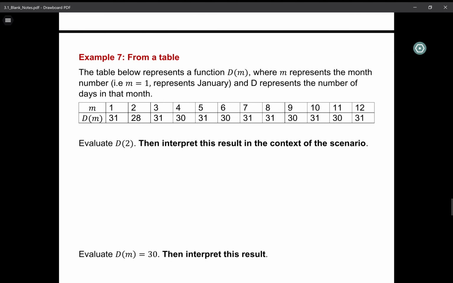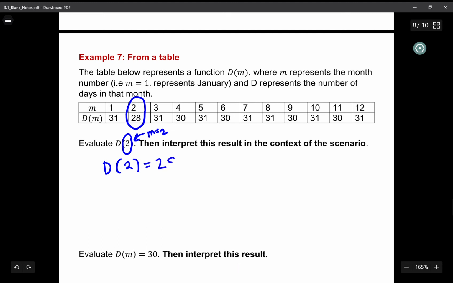So let's evaluate d of 2. So remember here, this is d of m. This is telling me m equals 2. So I come up to my chart, and I see when m equals 2, d of m equals 28. So d of 2 equals 28.